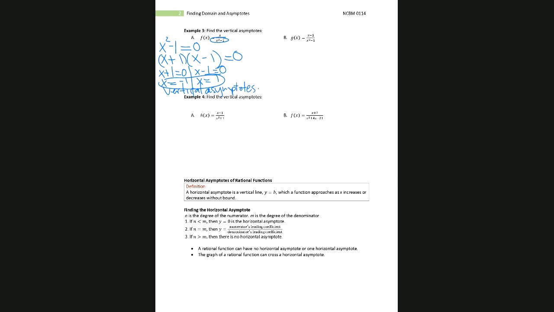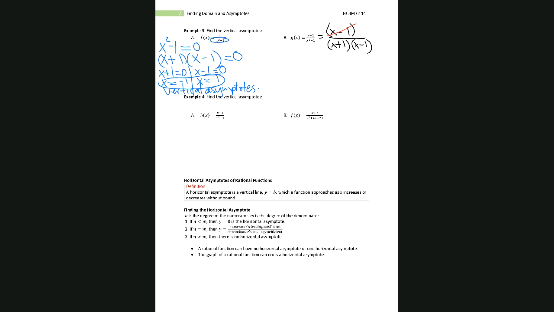Now, if we look at the next function, function g, before we find those asymptotes, we're going to try to factor this function. The denominator can be factored as a difference of squares, so we get x plus 1 times x minus 1. What will happen here is that since we are canceling the whole x minus 1, all of it together, we can do that.